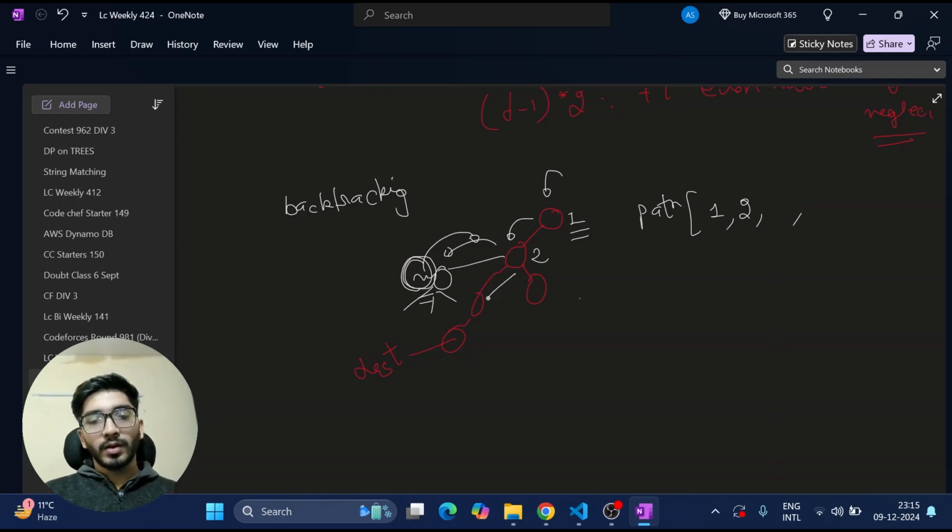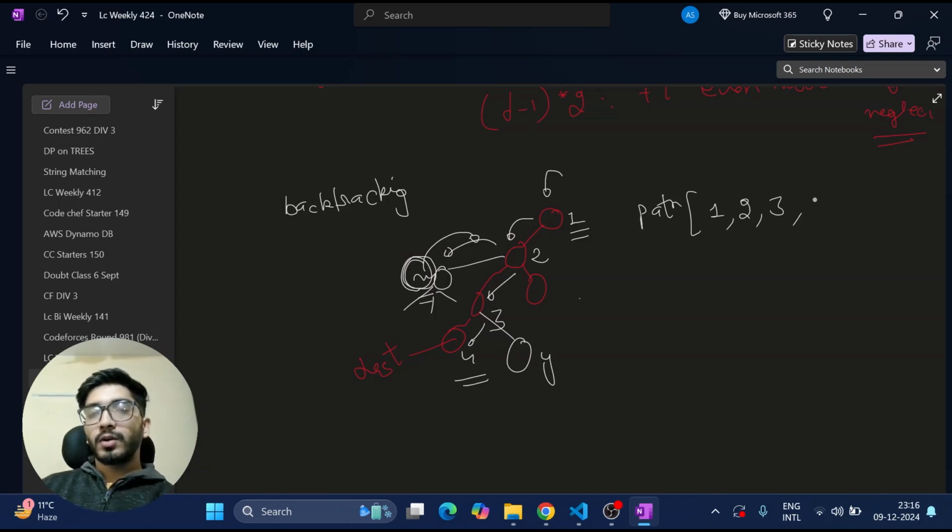Now we'll go at this point. This is 3, this is 4, and let's suppose 4 is our destination, so we'll reach at point 3, and let's suppose there is another node y here. So when we reach 2.4, we got our node. We will return from this point without popping 4 out.